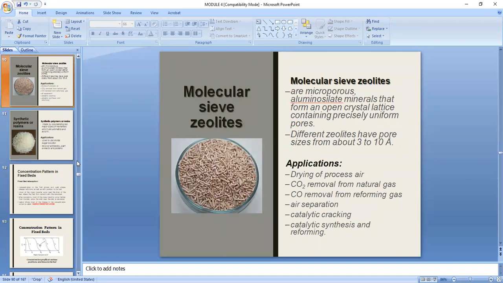These are microporous aluminosilicate minerals that form an open crystal lattice containing precisely uniform pores. Different zeolites have pore sizes from 3 to 10 angstrom. Again, applications are in drying of processed air, CO2 removal from natural gas, CO removal from reforming gas, air separation, catalytic cracking, and catalytic synthesis and reforming.